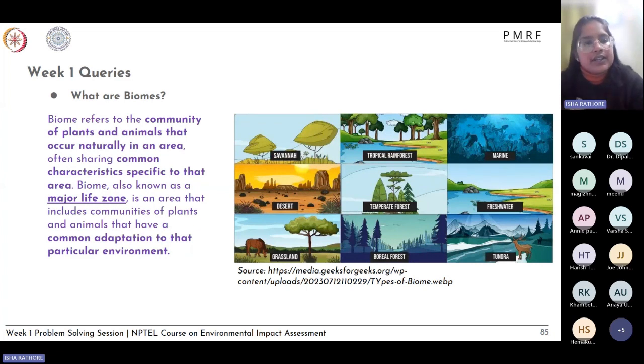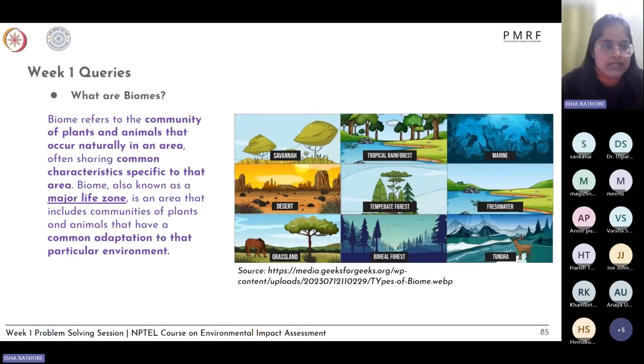So different biomes have different characteristics of biodiversity. So that is biome, the community of plants and animals that occur naturally in any given area, which have common characteristics specific to that area for surviving there.